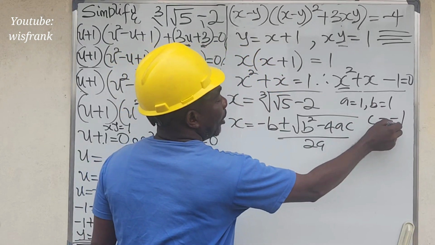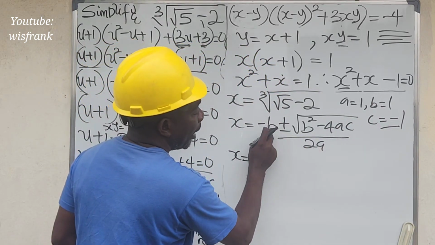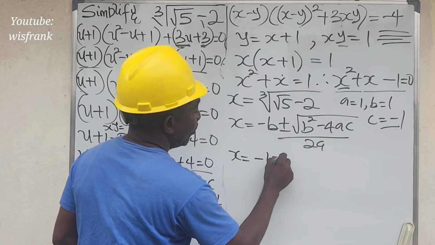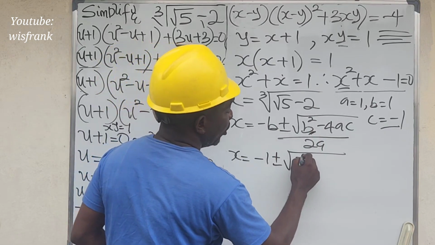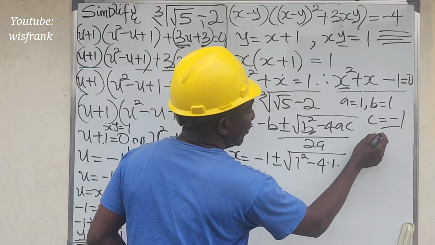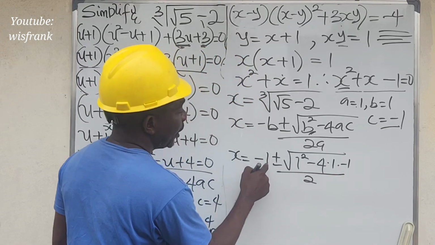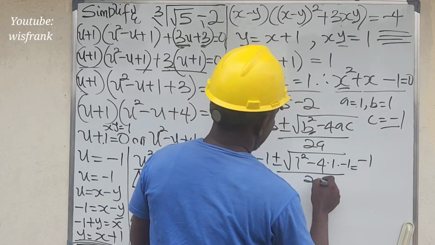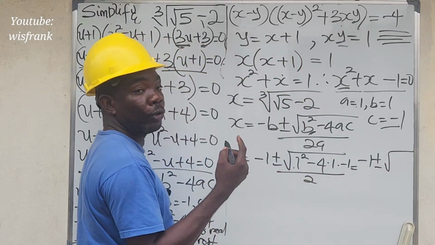So substituting these parameters, we have x equals minus b, which is minus 1, plus or minus the square root of b to the power of 2, which is 1 to the power of 2, minus 4 times a, our a is 1, times our c, which is minus 1, all over 2. So this will give us minus 1 plus or minus the square root of 1 to the power of 2, which is 1.